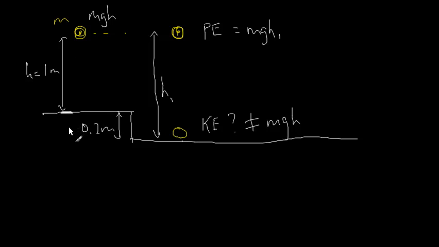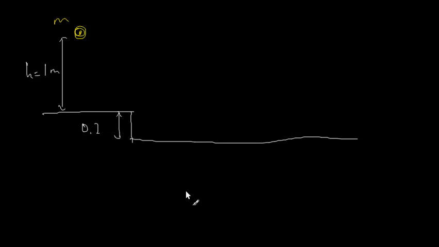That means that instead of changing height to h1, there is another way to do this. Let's retract that. So what I'm going to do is use this as my reference level, reference ground level.